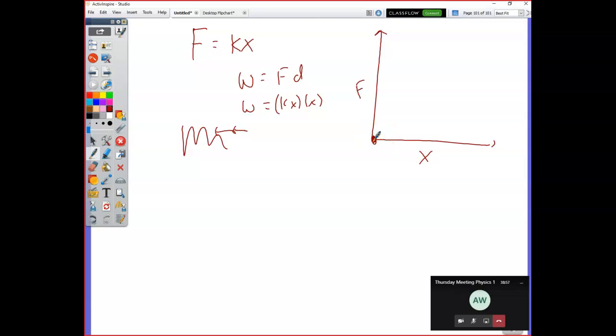Now, x is my x-axis, which is convenient. F is my force. So if I was going to graph this equation, isn't that a line? And so that's what my force versus x would look like, correct? Now, if that's the case, how much work am I actually doing? Because this formula won't work for me because there's 0 at the beginning.